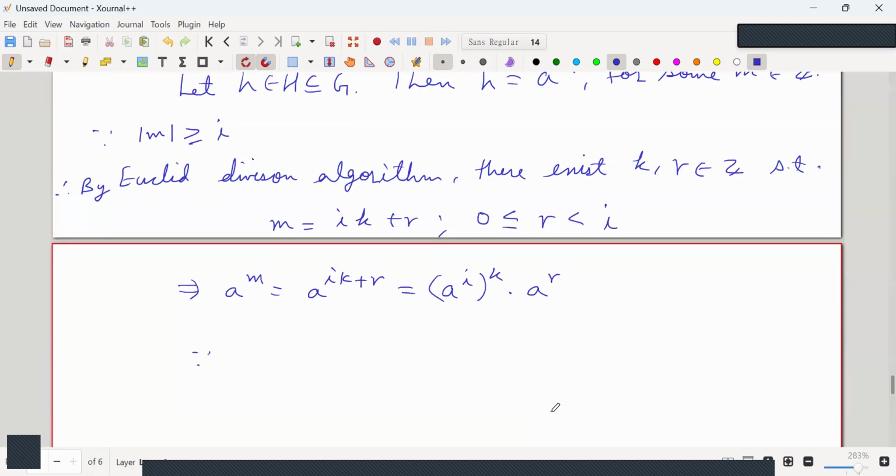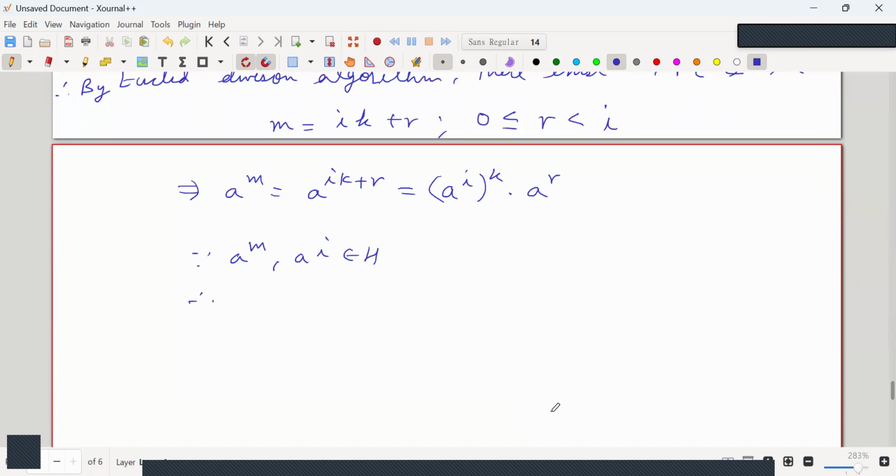Now, since a^m and a^i both are inside H, therefore from here you can write a^r is just a^m times (a^i to the k) inverse, right?